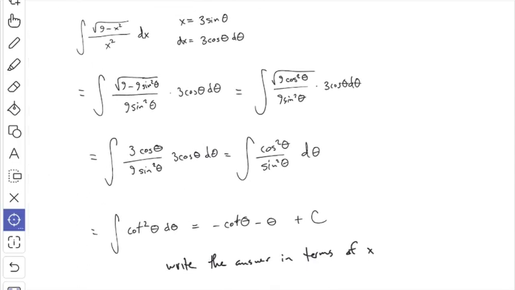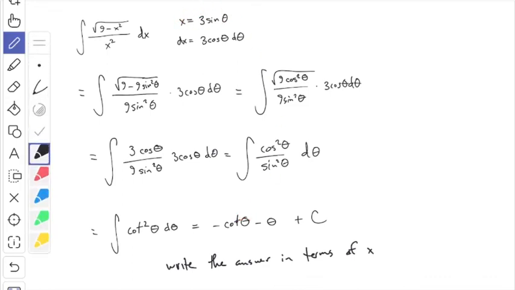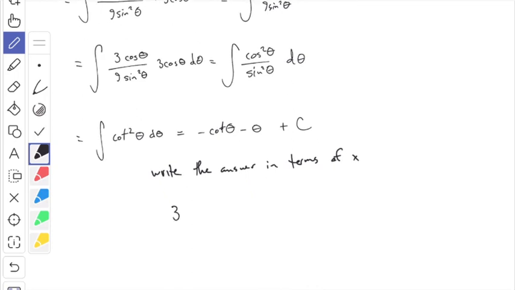A question or a suggestion? Yeah, right. You have to take this and solve it for theta in order to plug in for theta down here. So I go back to x equals 3 sine theta, and we have to solve this for theta in terms of x. We're going to have to do the inverse sine. First I divide both sides by 3.